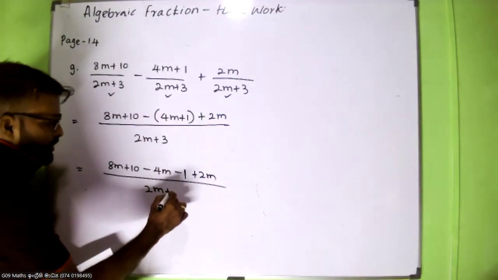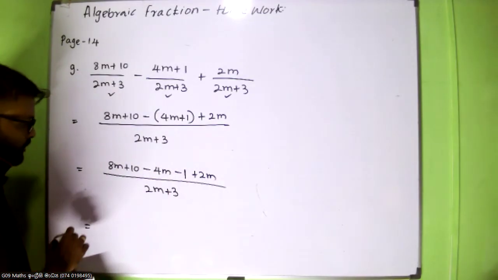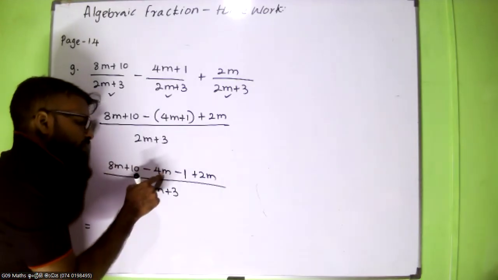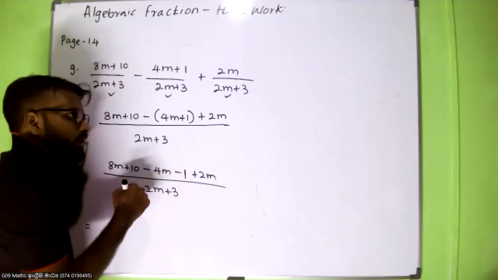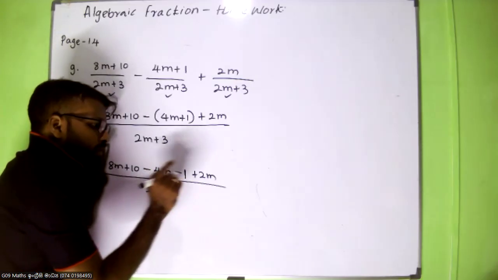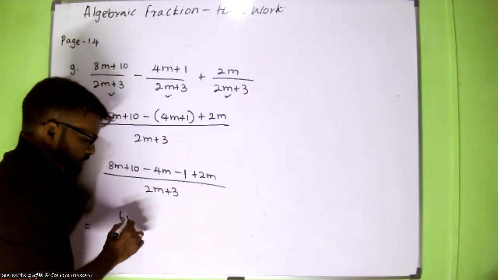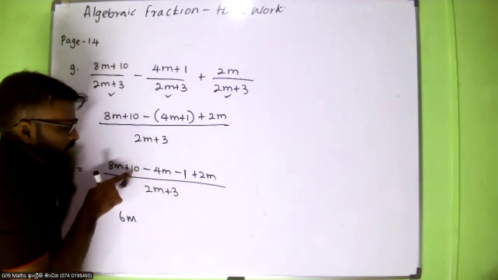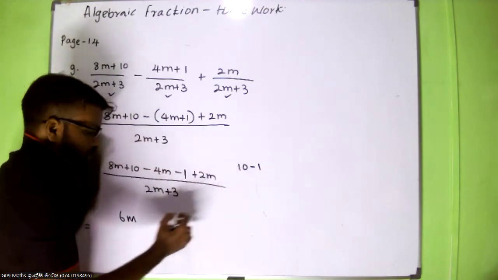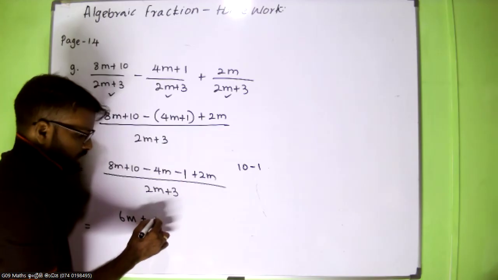Denominator is 2m plus 3. Equal mark. 8m minus 4m, that means 8 minus 4, which is 4. 4m plus 2m, 6m. 10 minus 1, 9. Plus 9.